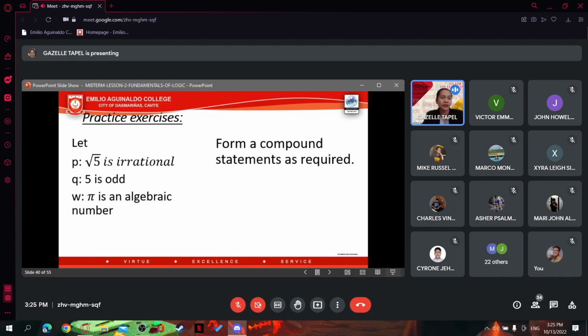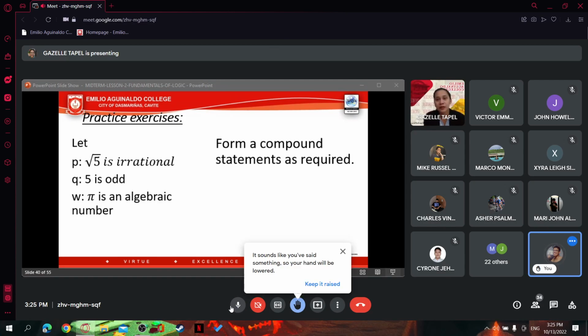So, ano muna tayo? Recap muna tayo. Anong ibig sabihin ng compound statement or compound proposition? Sino yung nakaka-recall from last week na discussion natin? Kailan natin masasabi that a proposition is compound? Yes, Owen. Okay, correct.